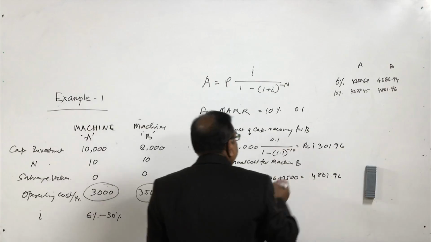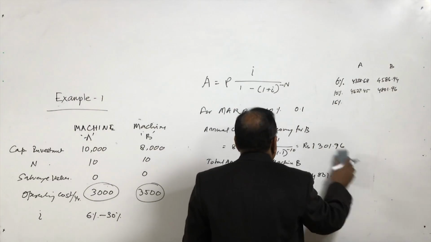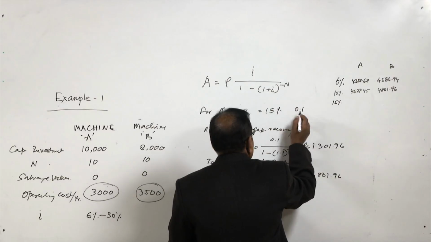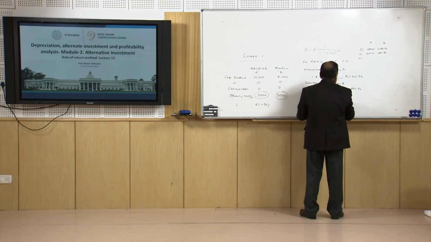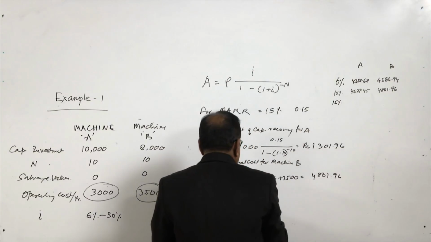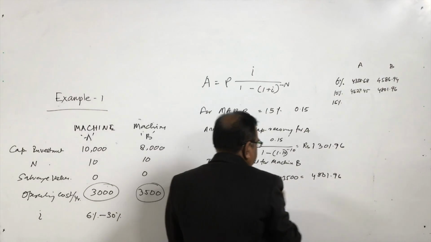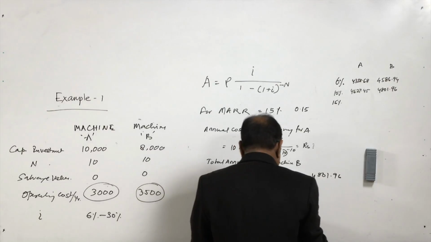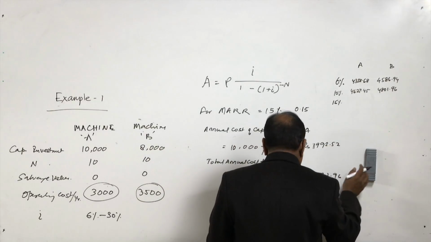Now, you can go for 15%. This is A. This is 15, this is 10. This comes out to be 1992.52.